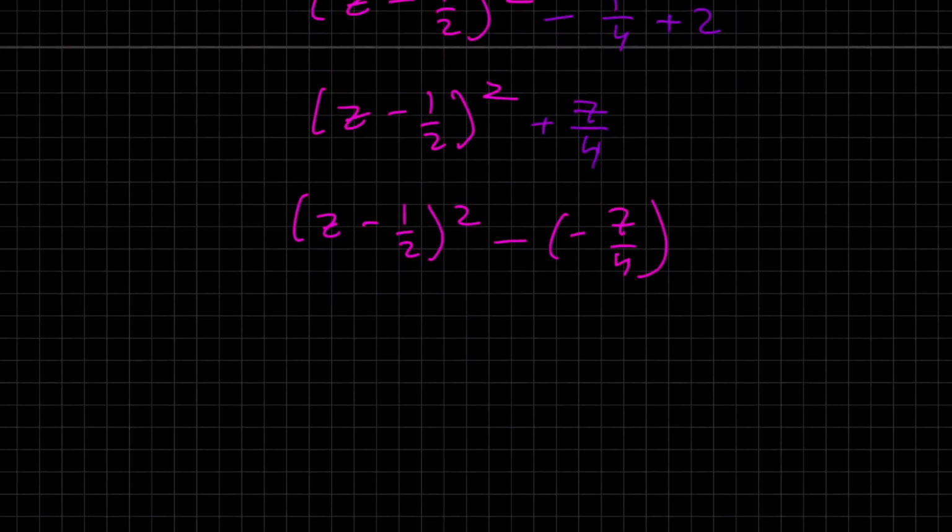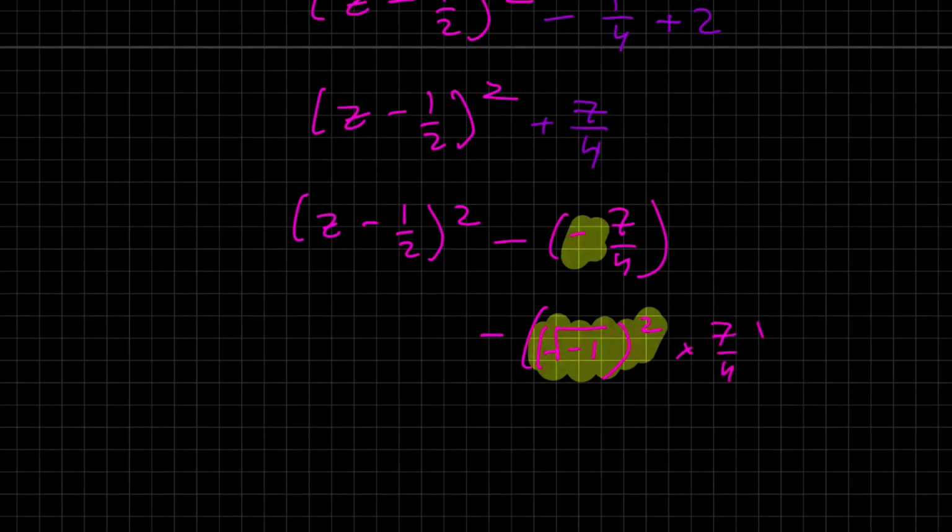And we also know that this part can be rewritten as minus square root of negative 1 squared. So over here, our negative 1 can be rewritten as the square root of negative 1 squared times 7 over 4. We also know that the square root of negative 1 squared can be written as i squared times 7 over 4.